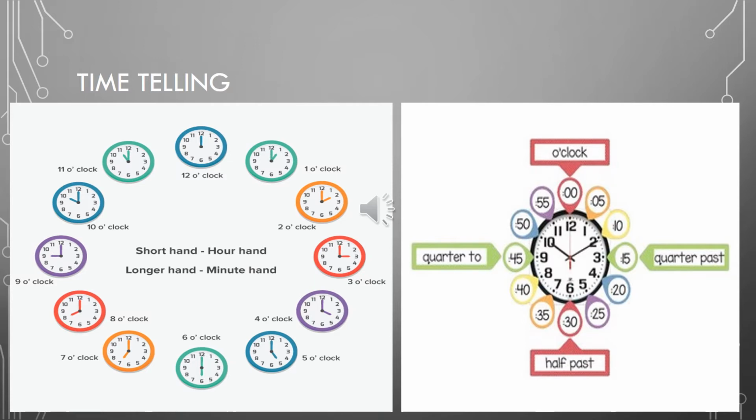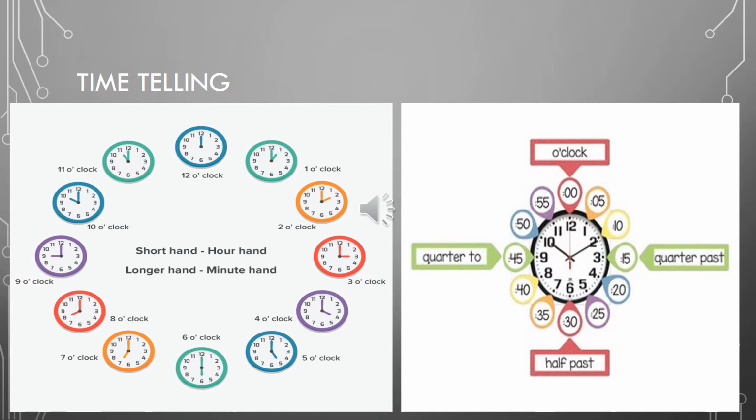So whenever I ask you to draw the hands of a clock for 3 o'clock or 7 o'clock, what will you do? For 7 o'clock, you will draw the smaller hand towards 7 and the bigger hand towards 12.